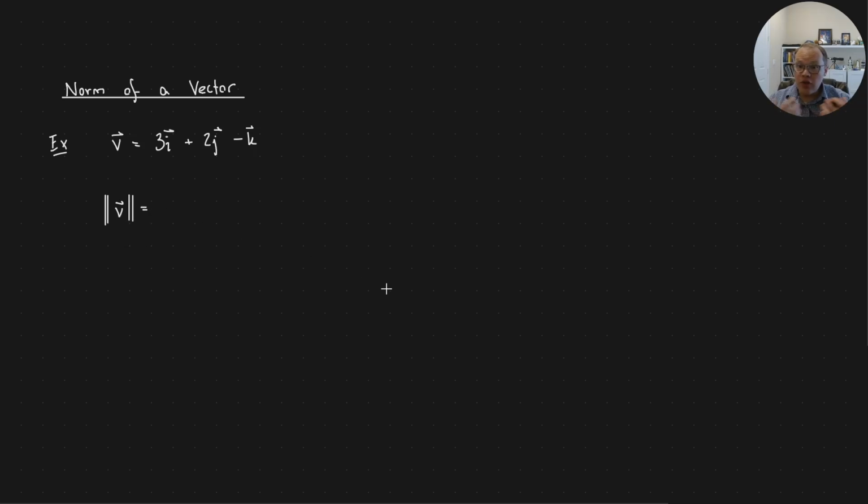So remember, we can find the length of a vector by taking its norm. Norm of a vector. So for example, if v is equal to 3i plus 2j minus k, I could find the norm of v, that is the length of v, the magnitude of v, using the 3-dimensional analog of the Pythagorean theorem.